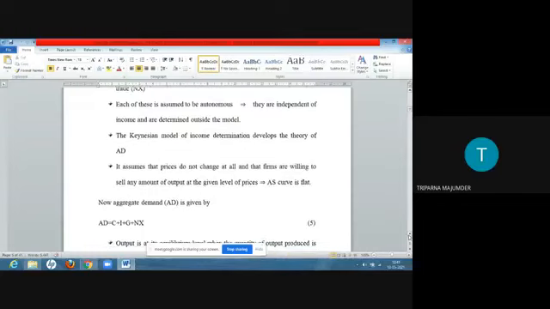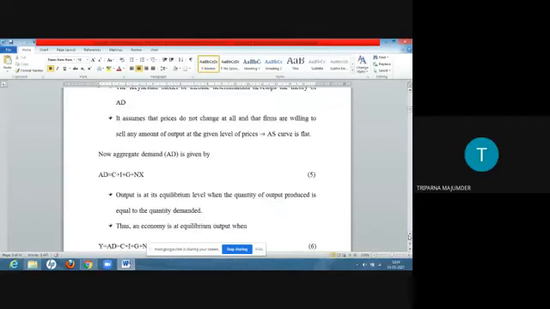Now we come to the aggregate demand. Aggregate demand is equal to all the components of demand added together. That is C plus I plus G plus NX. Now, output is at equilibrium level when the quantity of output produced is equal to the quantity demanded.